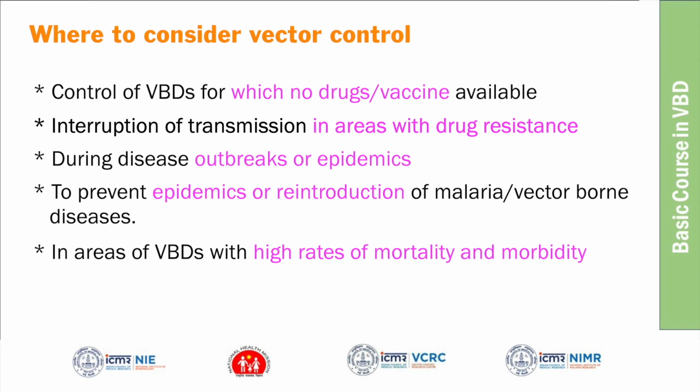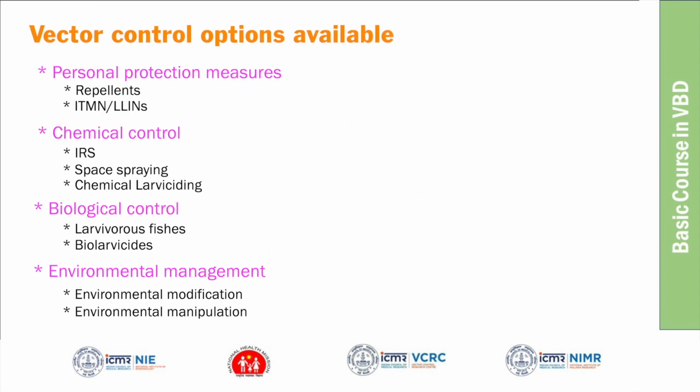Then, moreover, it prevents epidemics or reintroduction of malaria or other vector-borne diseases. In malaria endemic areas with high rates of mortality and morbidity, these vector control measures are very important.